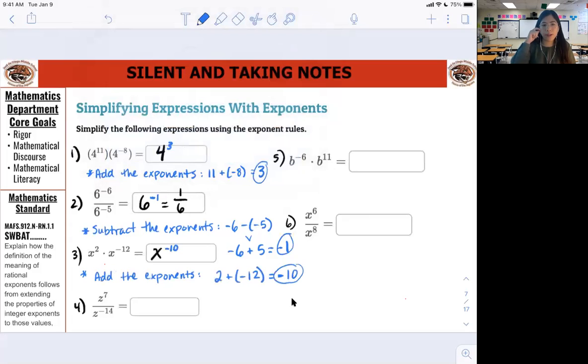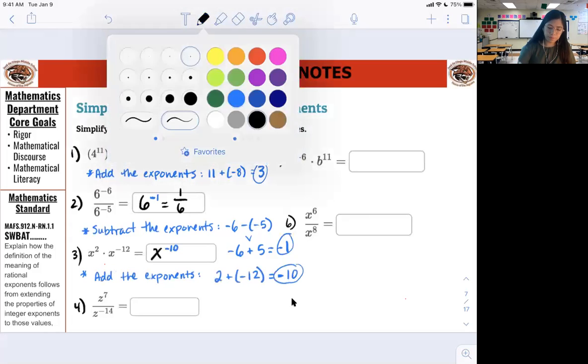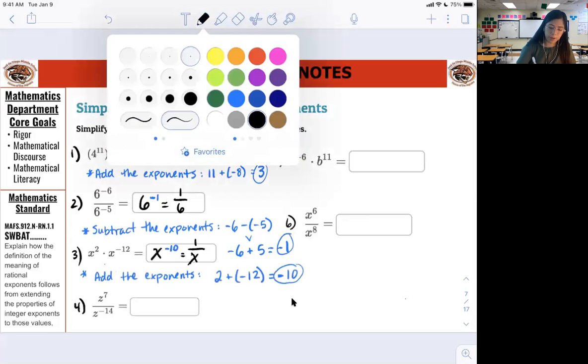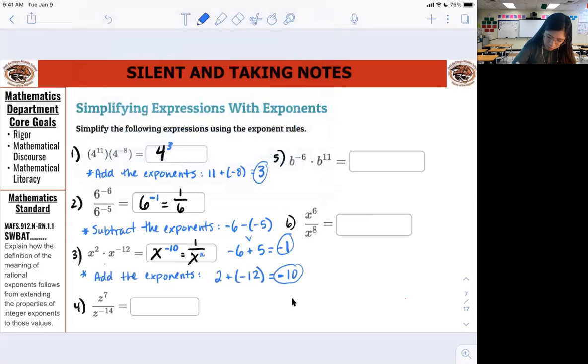How can I rewrite this one? 1/x to the power of +10. Exactly.